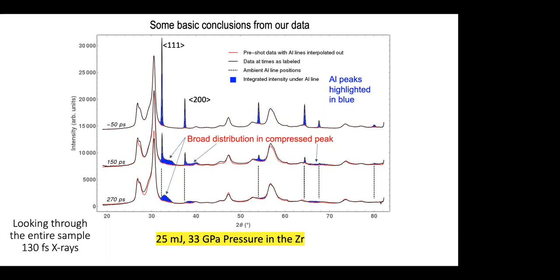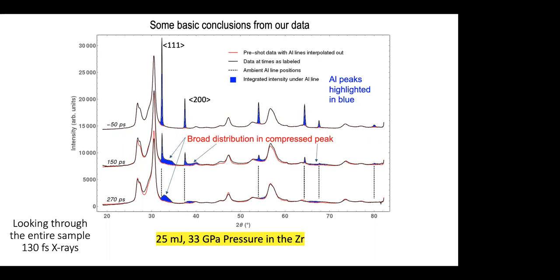So basically, we see diffraction after the shock wave has run into the zirconium. So this is a delay after the laser pulse, but it's also after the shock has entered the zirconium. And because, as I said, of the non-uniformity in the compression pulse, we don't see a single line here that is just due to a single uniform pressure throughout the sample.